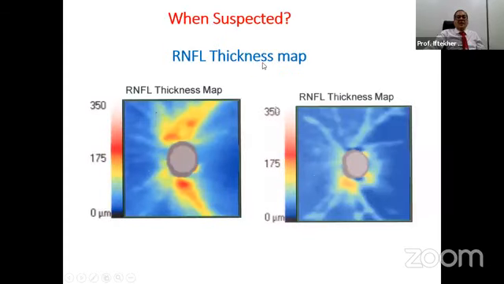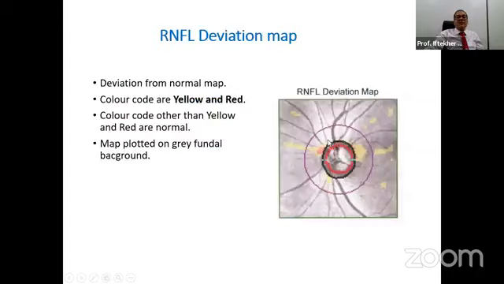When we suspect the disc is thinning by glaucoma process, on the right side we see the upper and lower part is yellow-red color, that is normal. But on the left side, the upper and lower part is blue color.